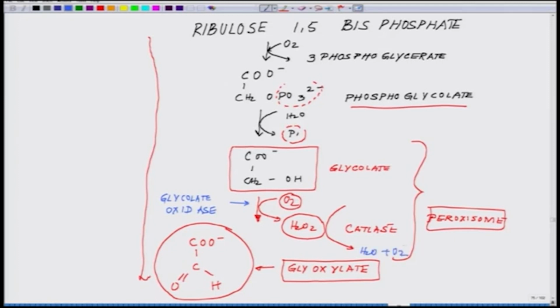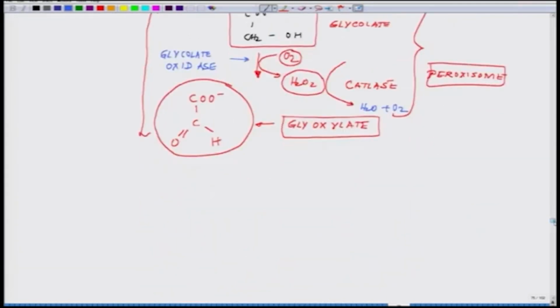And then this glyoxylate, this moiety you see out here, undergoes transamination. This is what I was telling you in the beginning. There is a transamination process. In other words, an amine group gets transferred, and the subsequent result is you get two molecules, of course, I am starting with two molecules.